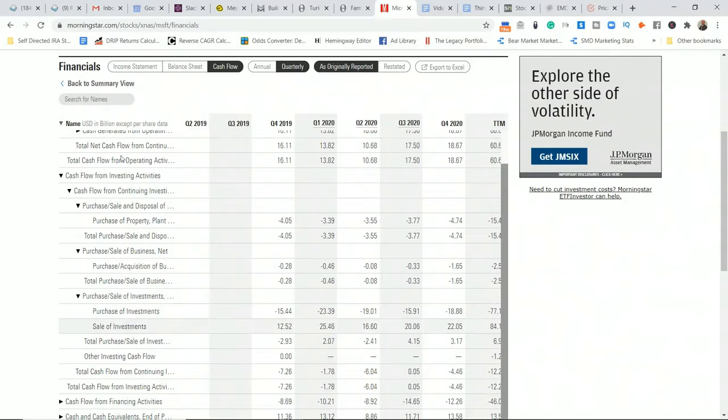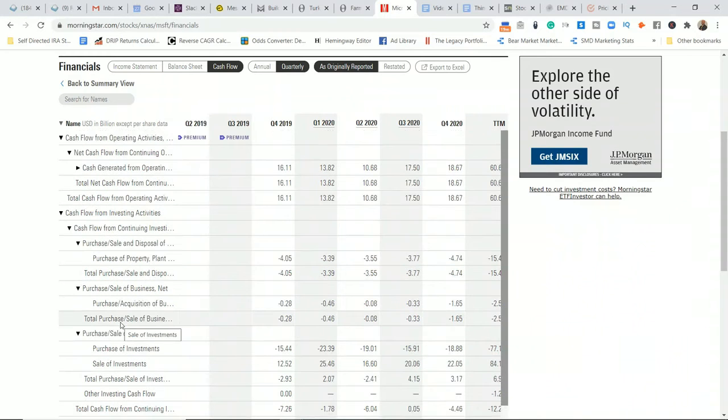The other ones, again, we'd have to figure out why these were considered non-cash above here by going to their actual footnotes. But just on Morningstar, this is their kind of real world profits or losses from investments. So this is how much they purchased. This is how much they sold. And this is the net number right here.